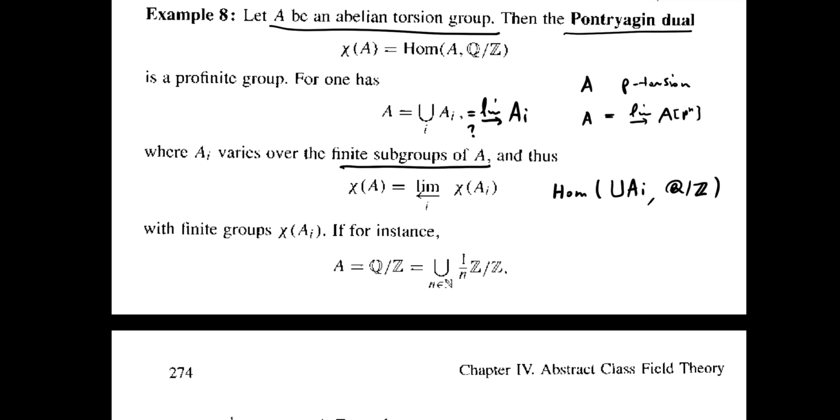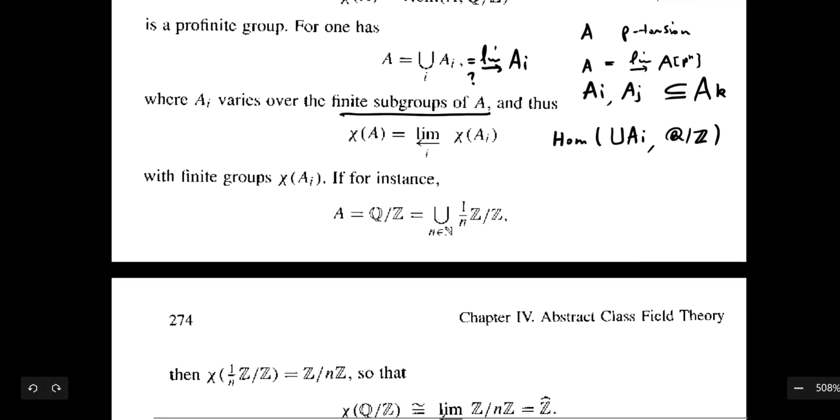Yes, this is okay, because for any Ai, Aj, there exists some K that contains both, right? For example, if A is 2 torsion and also 3 torsion, then it is 6 torsion. Yeah, maybe this is okay.